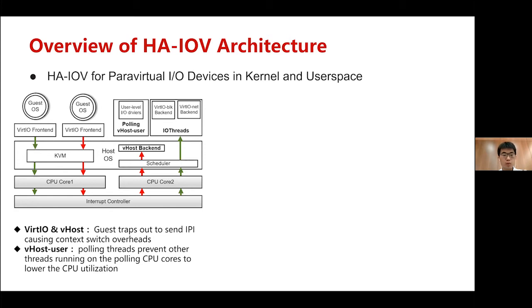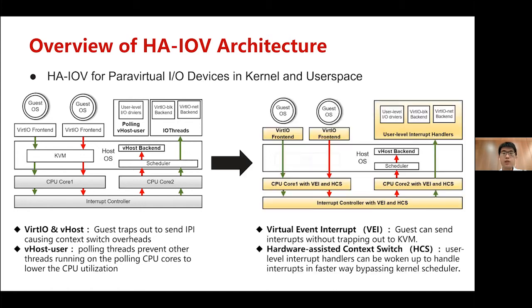However, polling threads prevent other threads from running on the polling CPU cores, which lowers the CPU utilization. Here, we propose HA-IOV. For one thing, a virtual event interrupt mechanism is introduced to allow guests to send interrupts without trapping out to KVM.